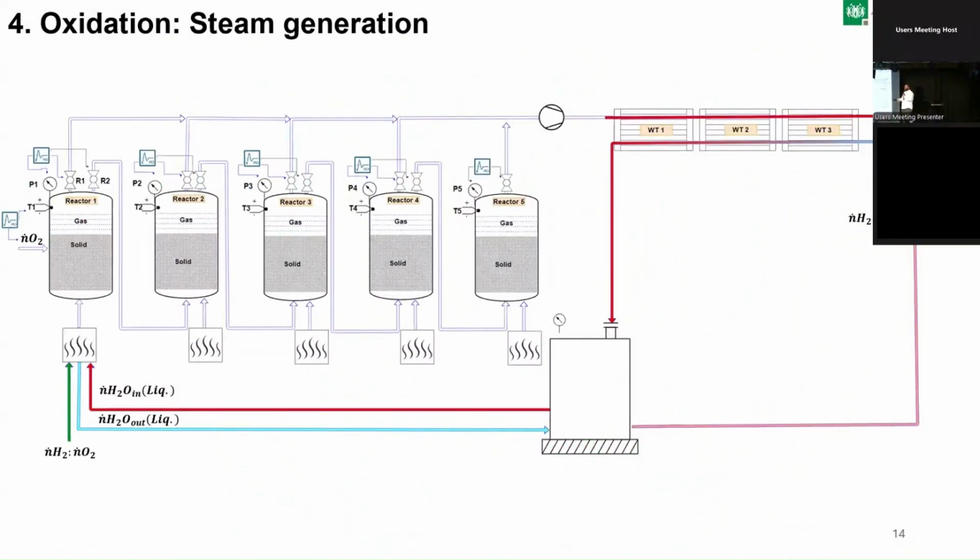Another important aspect regarding the oxidation process is steam generation. We need steam here in Europe. So the idea was to recover the heat from our process by implementing several heat exchangers, and to implement an evaporator for each reactor.